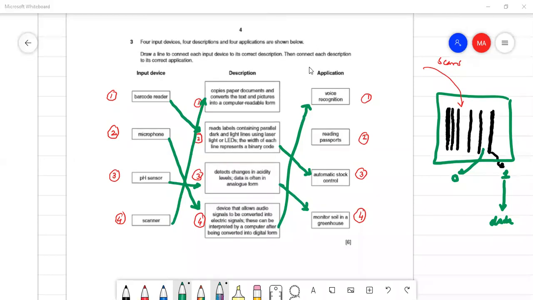The second application. Okay, so where is it? The second one. Okay, now this question we have done.